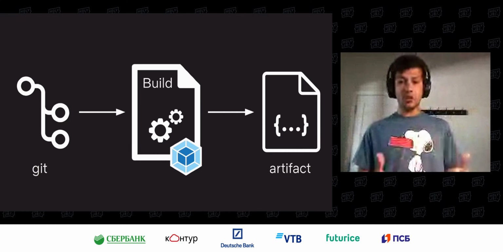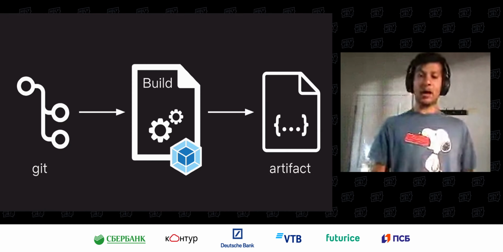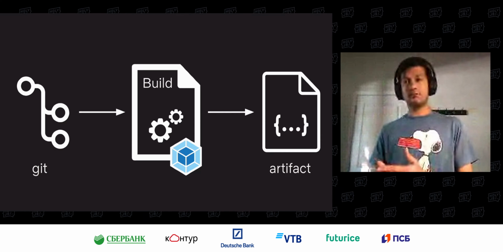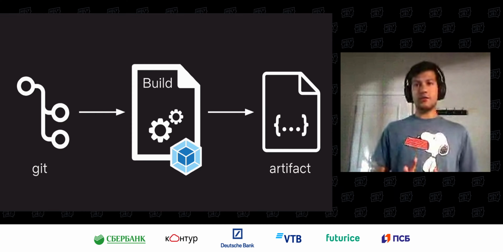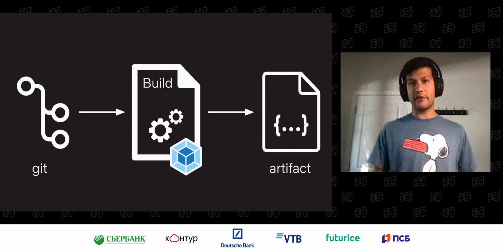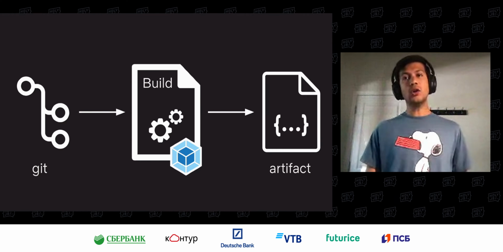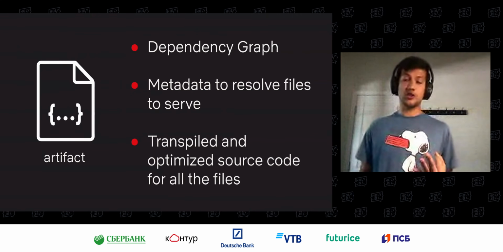What we figured was, from our source code, we want a build process using Webpack that outputs something called an artifact. You can think of this artifact as the critical key in all the processing. It was very important for us to define what this artifact should be, and we narrowed down on three primary things it should have.